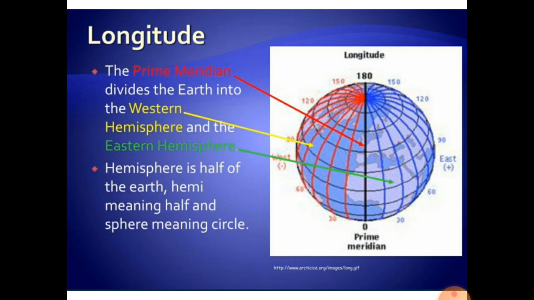All the longitudes drawn in red color belong to the western hemisphere. All the longitudes drawn in blue color belong to the eastern hemisphere.